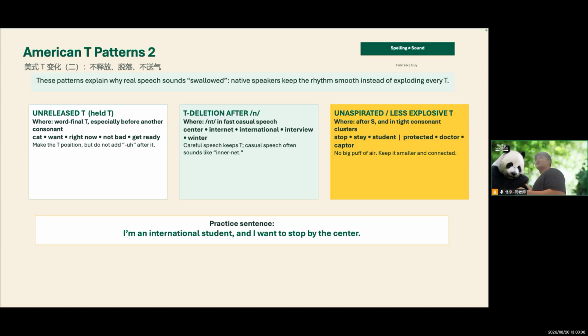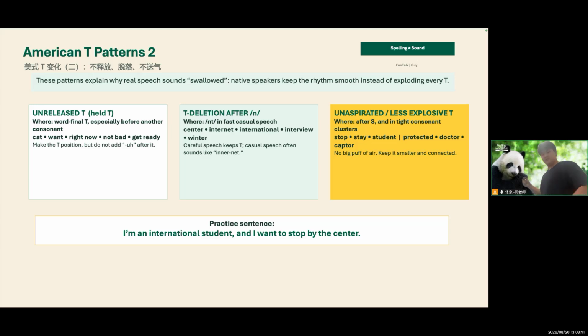We don't say "doctor", we say "doctor". So this is an unaspirated sound. Why? Because the T comes after a C, the T comes after an S. So if the T has a C or an S before it, the sound will stop. There's a stop. Okay. Protect.